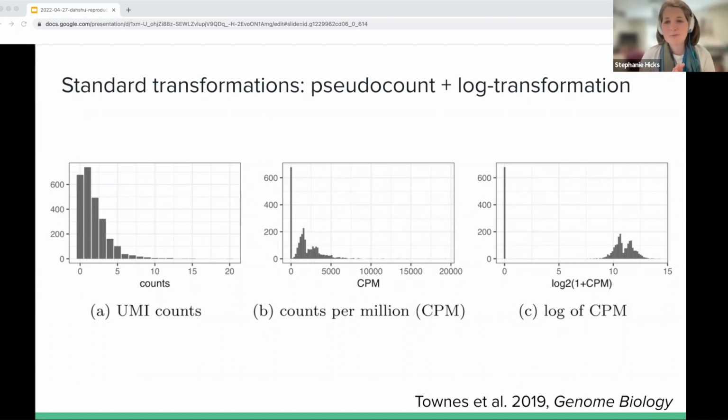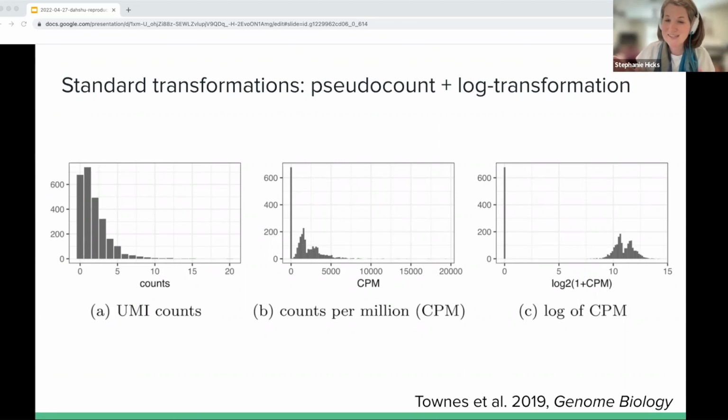After we apply the counts per million transformation, the next step is to apply a log transformation. The reason we do this is a form of variance stabilization. I'm not going to go into those details, but that's why we apply the log transformation. Also, it makes the data look a little bit more Gaussian. Going from the middle to the right, the blob of non-zero points gets shifted over even further to the right.